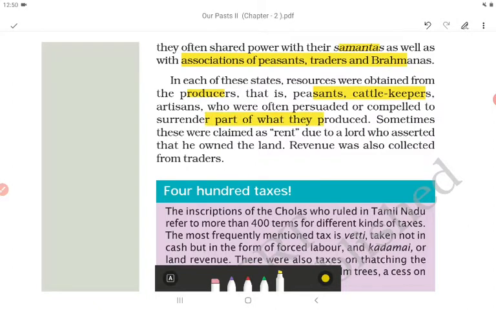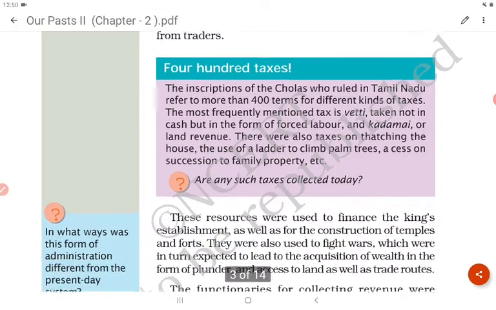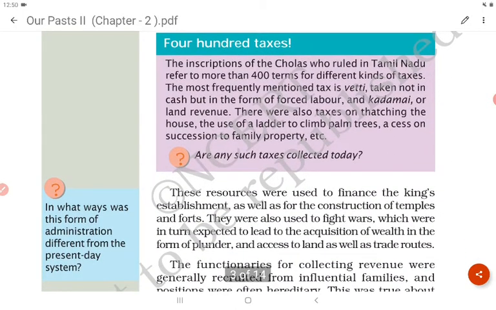Sometimes there were claims as rent due to a lord who asserted that he owned the land. Revenue was also collected from traders. 400 taxes.